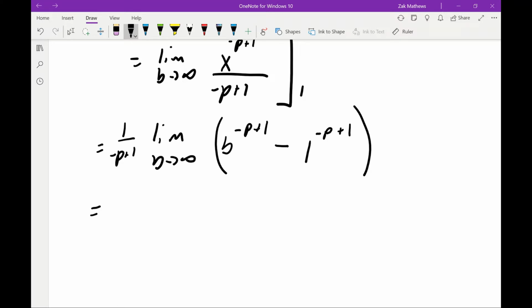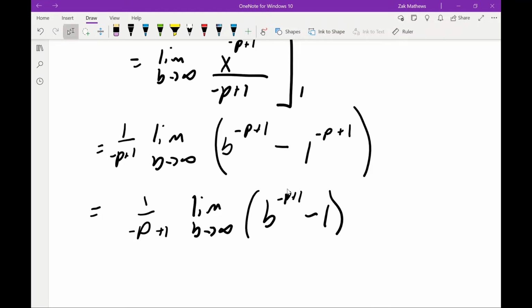And if we think about what that looks like, 1 to any power is just always 1. So we can express that as limit as b goes to infinity of b to the negative p plus 1 minus 1.